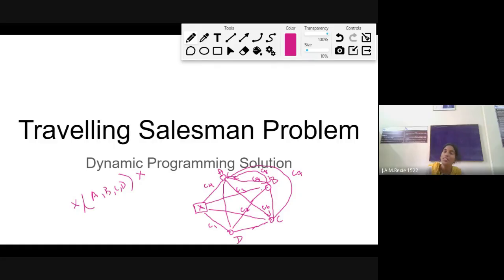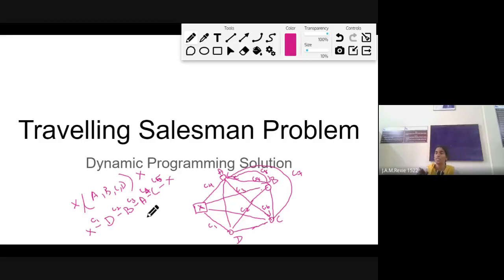In this, what optimization do we need? The distance. Suppose I am choosing the path X to D, then D to B, then B to A, then to C, then to X. Then I will have some costs, right? Suppose the costs are C1, C2, C3, C4. If we add these, I get a value, right?